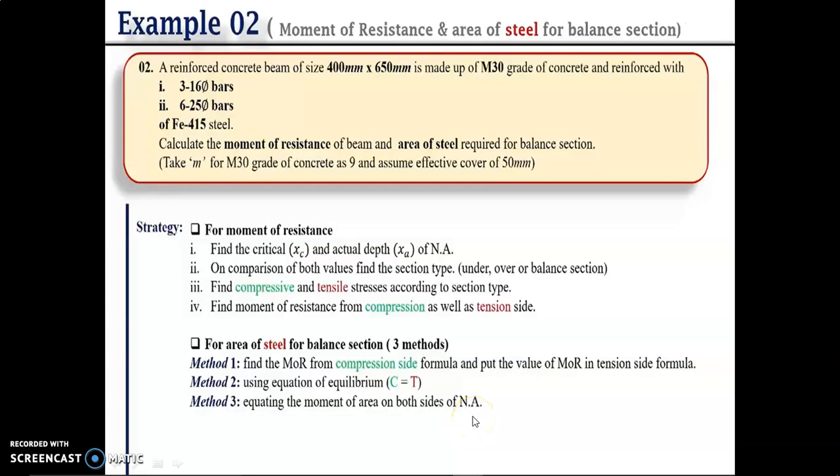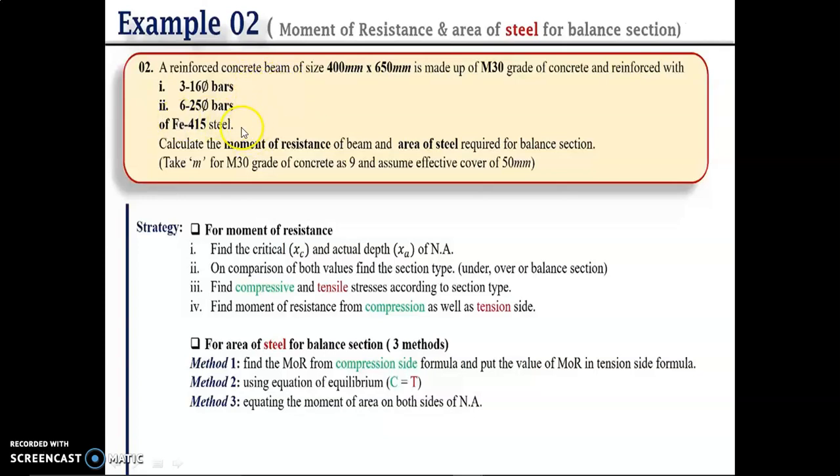Okay, so in this numerical I solve only the moment of resistance, the first part. The second part, and the area of steel for a balanced section, you have to solve. This is your practice work. I tell you only the first part, how we find the moment of resistance for the beam with 3 bars of 16 mm dia.